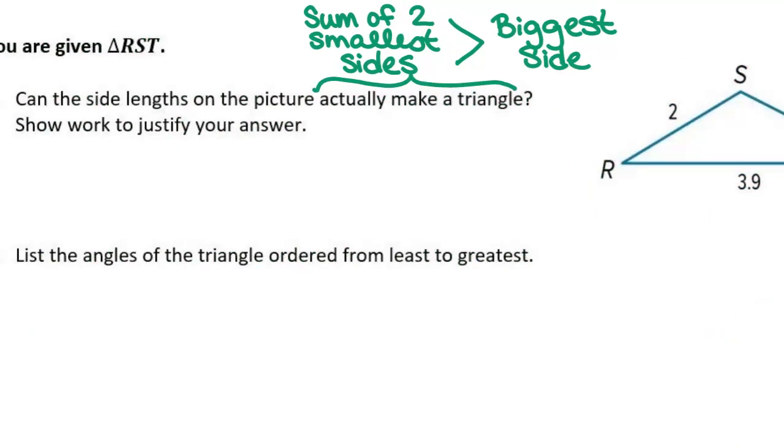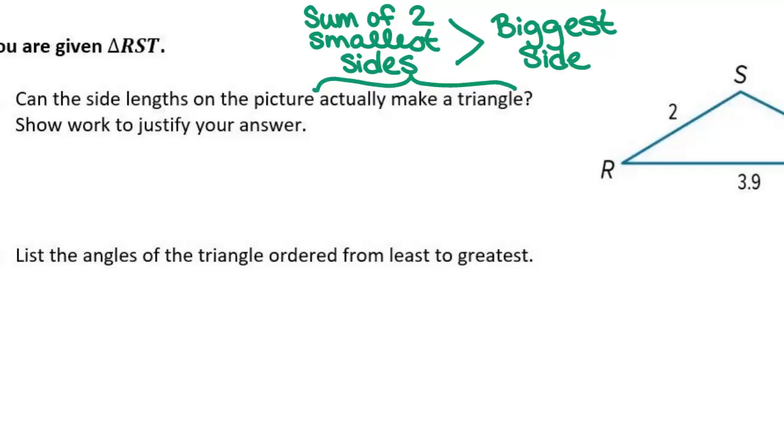Let me show you real quick what we're looking at here and why we care about that being the biggest. So if I have 3 side lengths, I've got a marker, a pencil, and then this pointer. These two put together, the pencil and the marker, you guys agree that that's shorter than this, right? Well, if I try to make a triangle with that, and I put it on the ends, no matter what I do, I can't make a triangle.